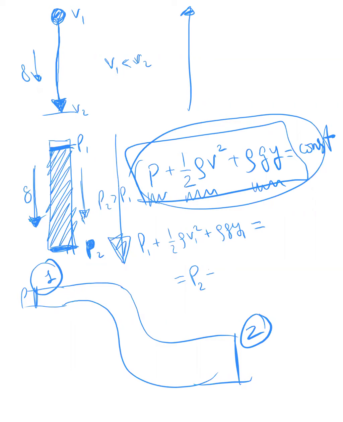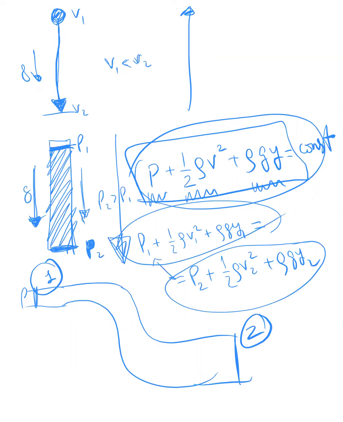So at point 2, if I add the pressure, half of rho velocity squared plus rho g y, I will get exactly the same number, even though the pressures, the velocities, and the elevations may individually vary from point 1 to point 2.